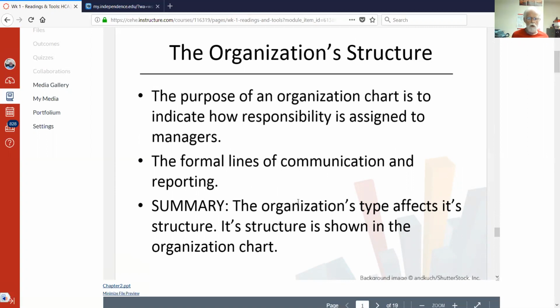There are hierarchical structures, as you know from some of your management classes, and there are flat structures. Small organizations tend to be flat. Large organizations tend to be very hierarchical because of the complexity of having a large employee base.